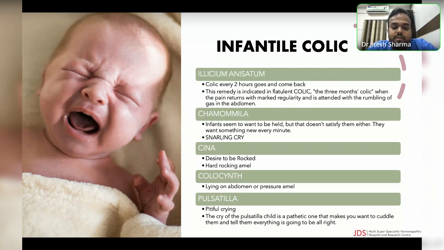That's Colocynthis. Pulsatilla babies will have a pitiful crying. The cry of a Pulsatilla child is very pathetic, one that makes you want to cuddle them and tell them that everything is going to be all right. Pulsatilla needs a lot of affection, and they have a habit of absorbing the affection. So you need to see how the baby is crying.